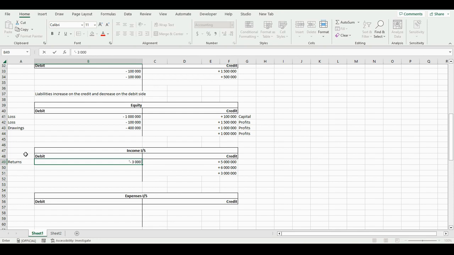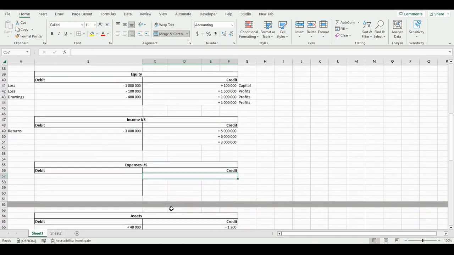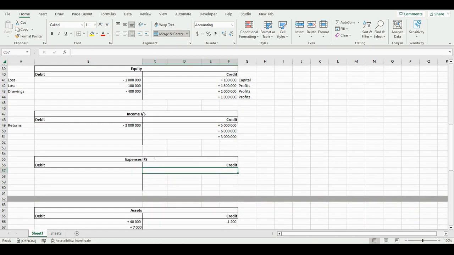So then it comes to your debit side because it reduces your sales or your revenue. And expenses are the opposite of your income, so they behave in such a way that they increase on the debit side and decrease here.